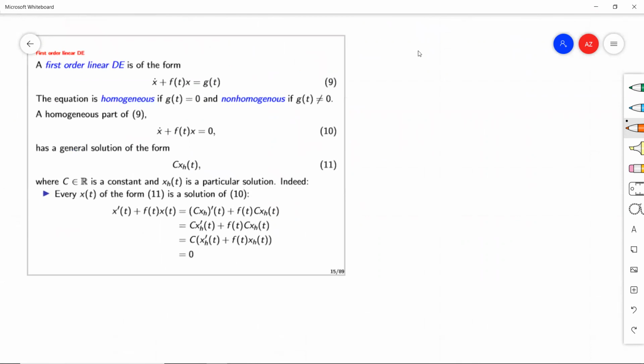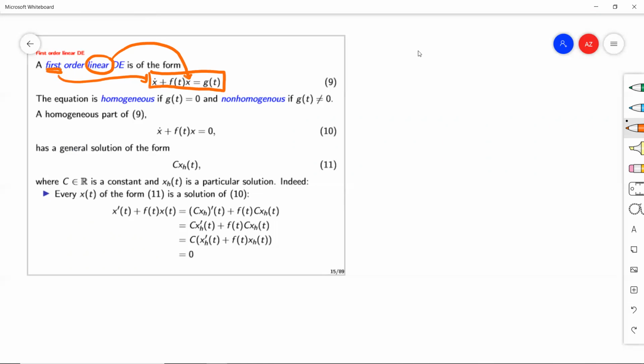First order linear differential equations are differential equations of this form. Again, first order because only the first derivative with respect to t occurs, while linear depends on the exponent of x.